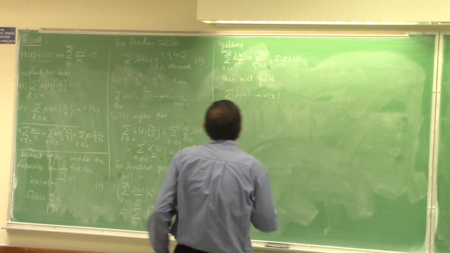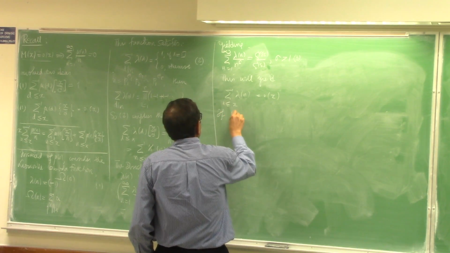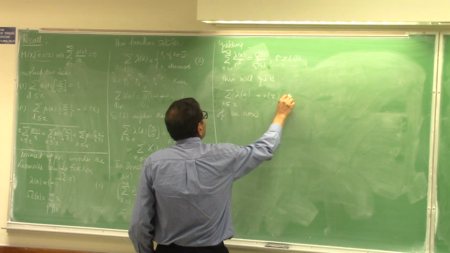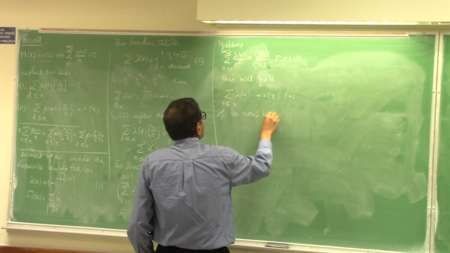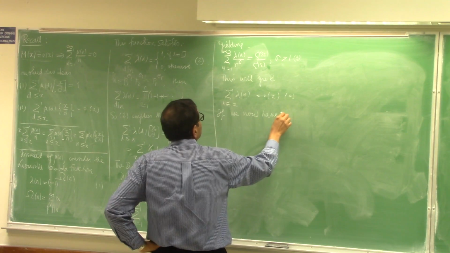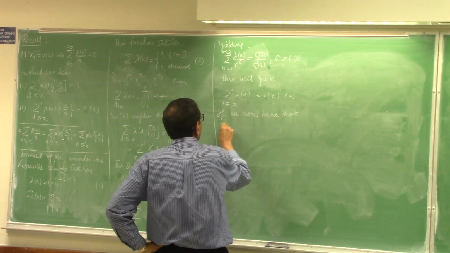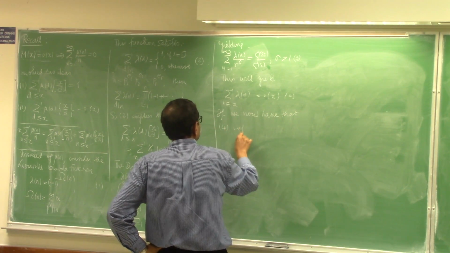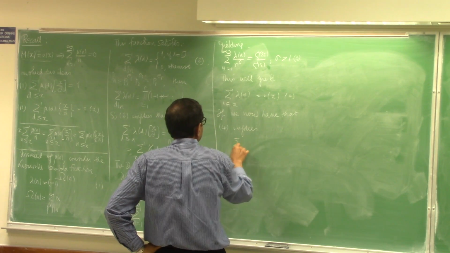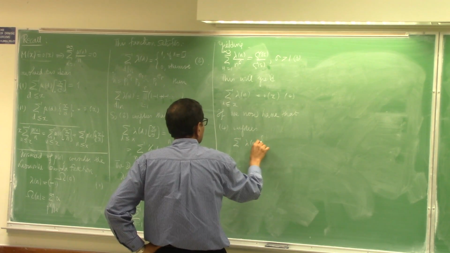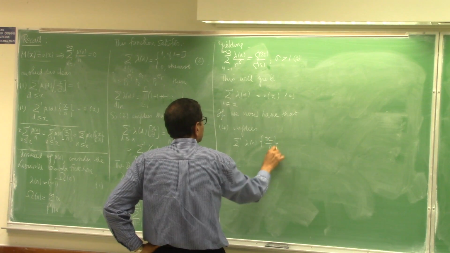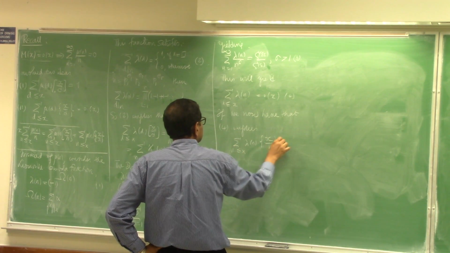So we say here, if we now have that 4 implies the summation of lambda n times the fractional part of x over n is little o of x.